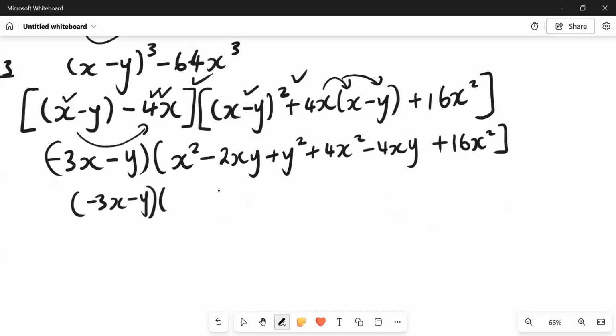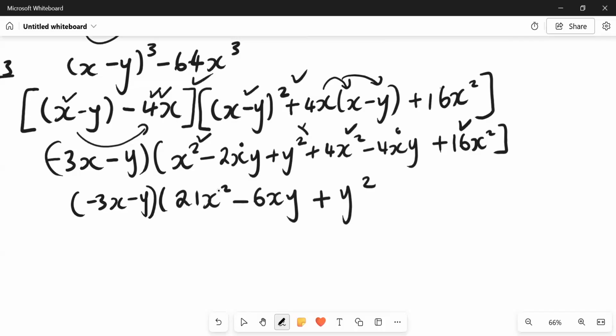And then collect the like terms and add them. This gives us 21x squared, right? And then you'll have your minus 6xy, these two. And then the last one, it's plus y squared. Then we close the bracket. Now it is fully factorized.